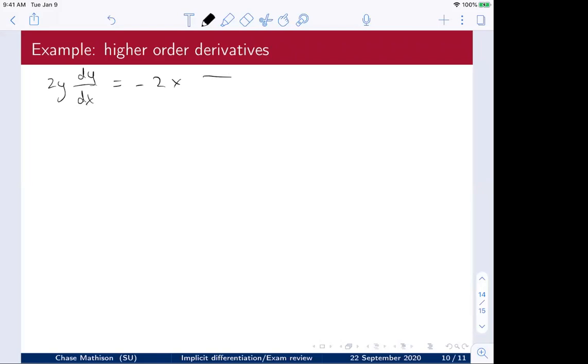So when I do that, I get dy/dx is equal to negative 2x over 2y. The 2's cancel, and I'm left with negative x over y. Okay, so I have dy/dx here.